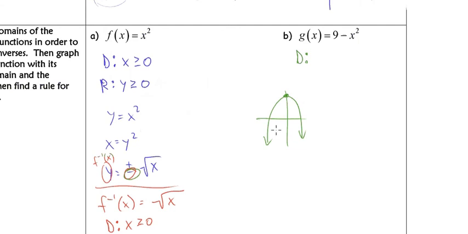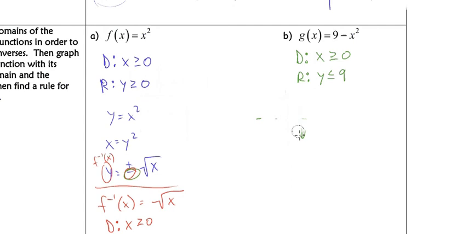We will not pass the horizontal line test, so let's limit the domain so that we only have the positive side. So the domain here is going to be that x is greater than or equal to 0. And now our range, let's see by the graph, pretty easy. The biggest number we're going to get is 9, and then it heads towards negative infinity. So y is less than or equal to 9.